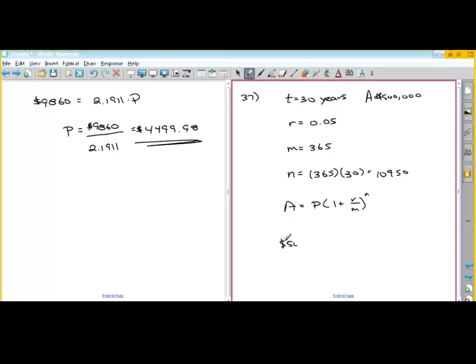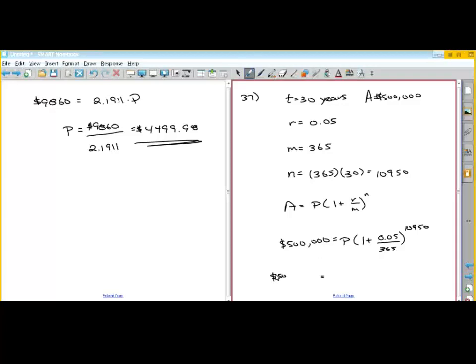So we have 500,000 equals P times 1 plus the rate, which is 0.05 divided by M, which is 365, to the 10,950th power. So let's do the parentheses first. We have 1 plus 0.05 divided by 365. So we get 1.000136986. Okay, raise that to the 10,950th power.